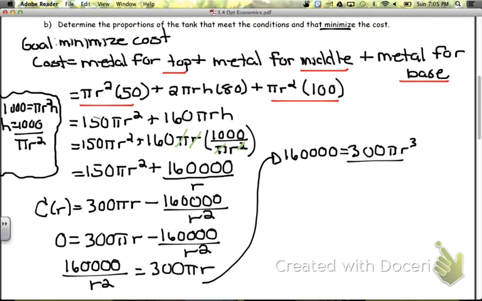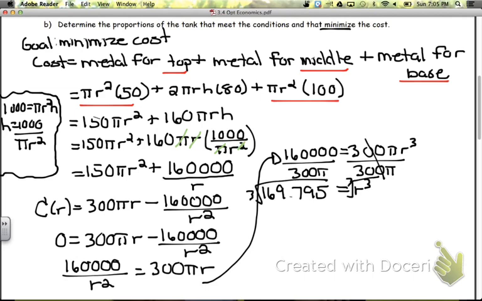Then we can divide both sides by 300 pi. So those will cancel out, leaving us with r cubed equals 169.795. Now to get rid of that cubed, we take the cube root of both sides. And when we do that, we get that r will be approximately 5.54 meters.